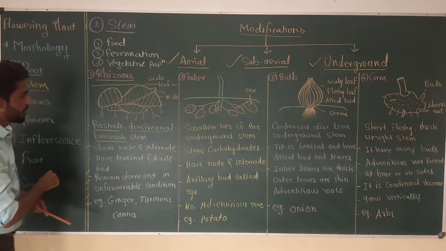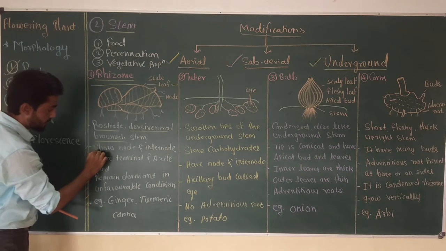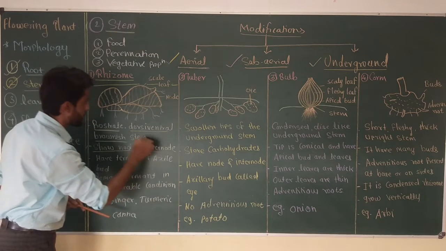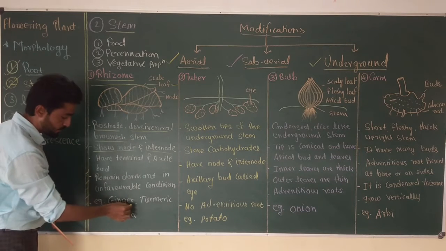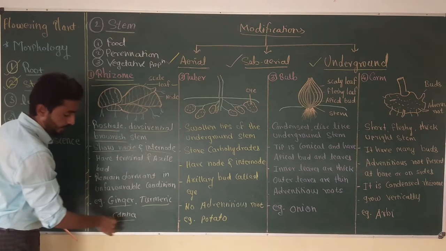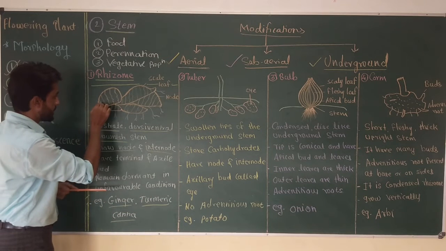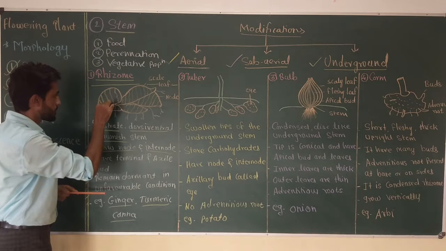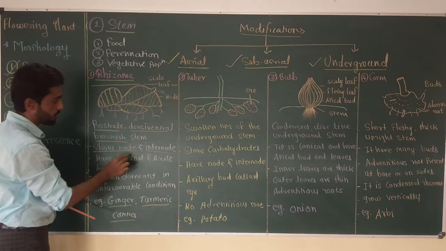Okay, then the stem of rhizome type shows distinct node and internode. If you observe the rhizome carefully, well-known examples of the rhizome are ginger, turmeric, and canna. If you observe any of these, you can clearly see nodes, and in between these, the region called internode is present.